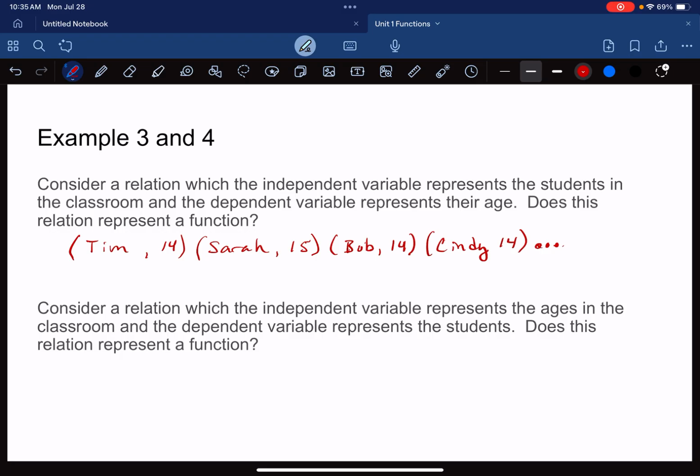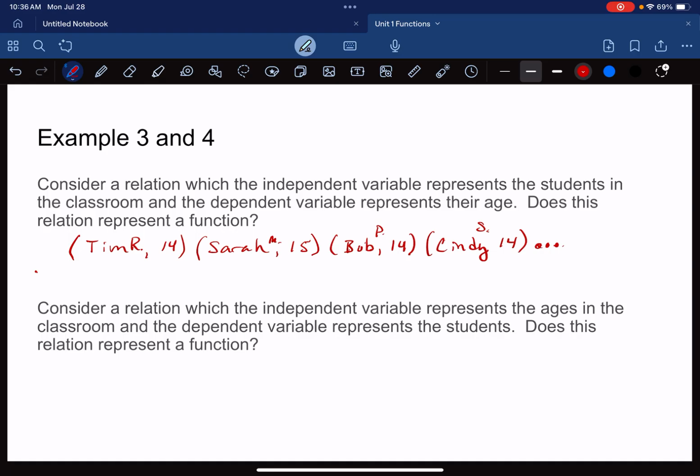But I think what we could do is we could be a little more specific with this. We could say Tim R, Sarah M, Bob P, Cindy S, so you've got last names, and that makes the people in the room unique, right?